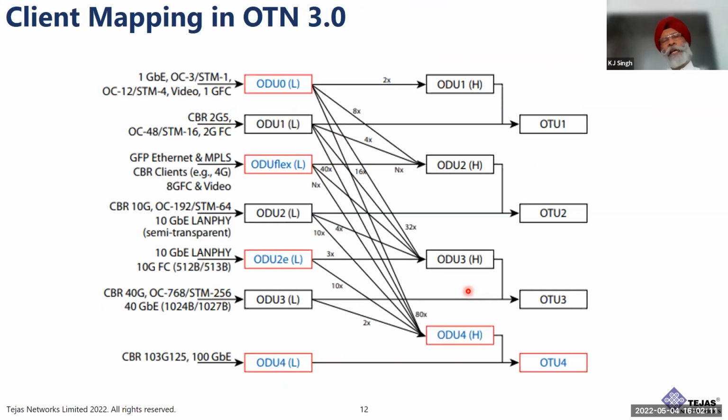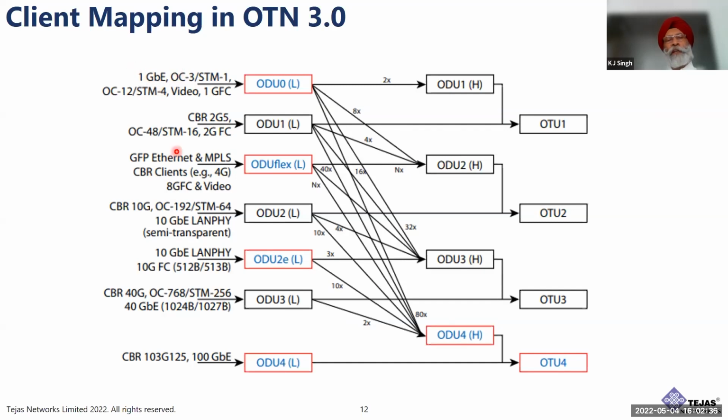This is just a slide I have for completeness. The black really represents the original motivation of OTN, where things were defined for 2.5 gig, 10 gig, and 40 gig rates. And then later 100 gig was added, and the ability to cater to a lot of data.